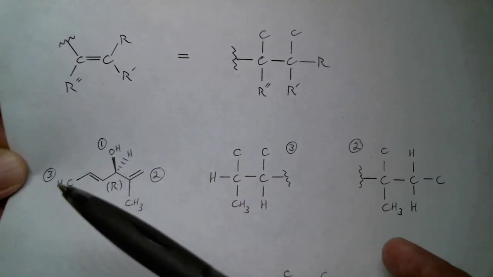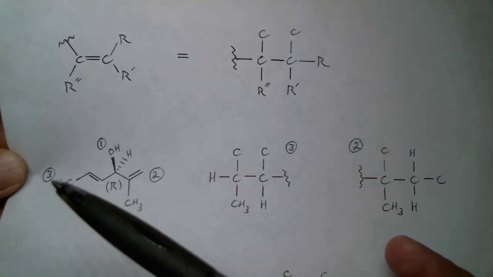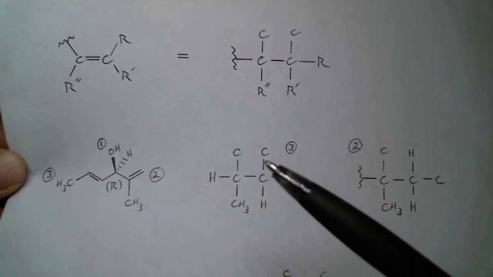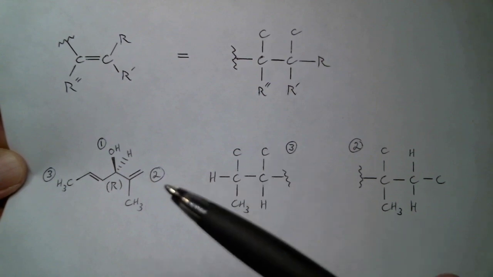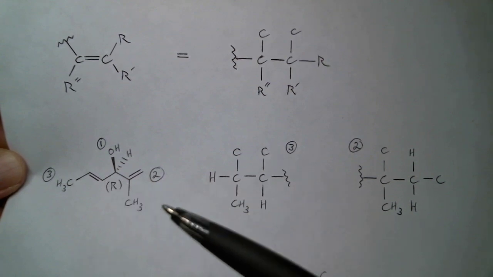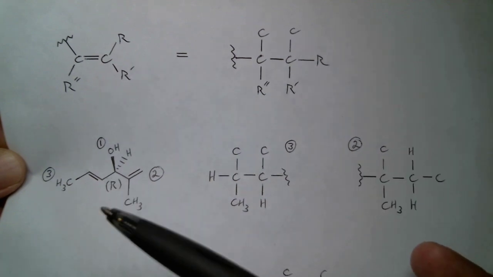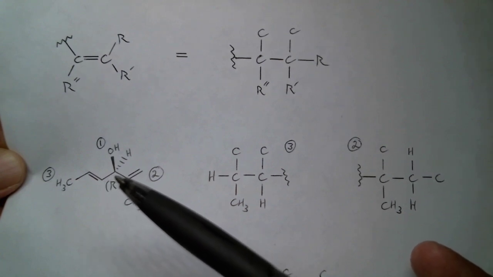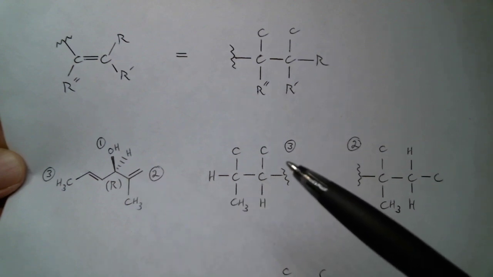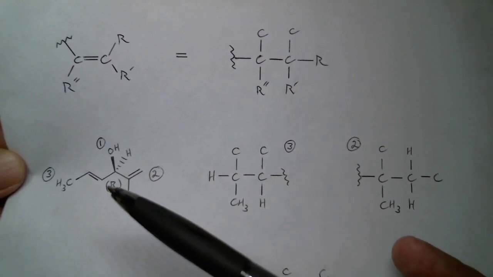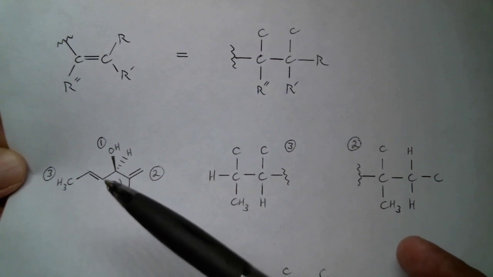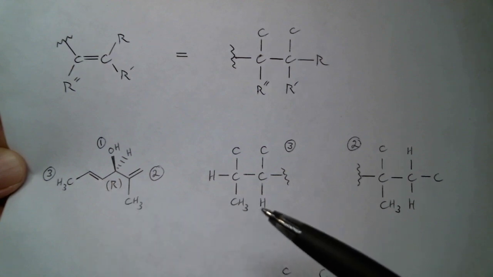How about this arm? How do we treat this carbon in particular that we've already labeled our third priority arm? Well, we treat it as a carbon that has two bonds to carbon, but this carbon is also bonded to a hydrogen. It's not explicitly drawn in this bond line diagram, but I know that you know that carbon can have four bonds, and so if one bond is taken up going to the stereocenter, which is cut by this squiggly line, and then it has a double bond to another carbon, that leaves one other bond for it, and for a bond line we assume that that's a hydrogen atom.